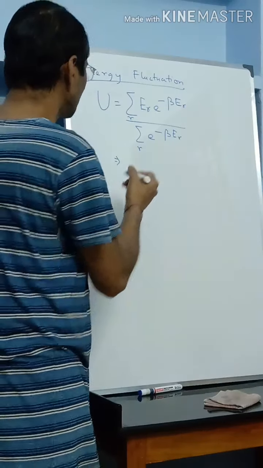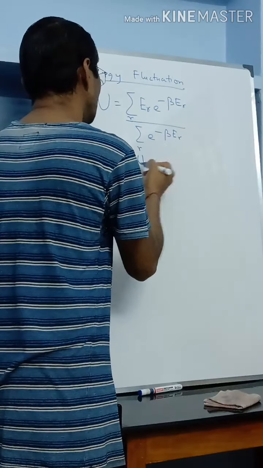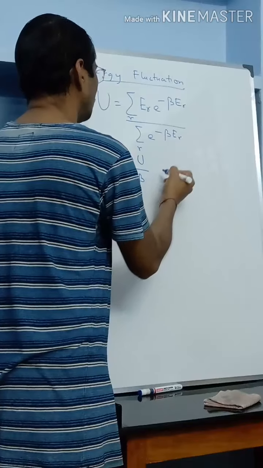If we take the differentiation of the mean energy with respect to beta, what do we get?